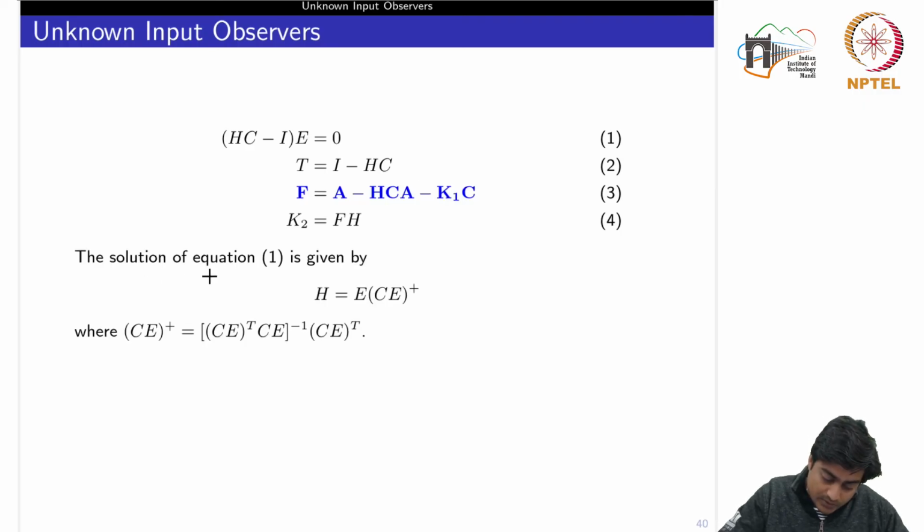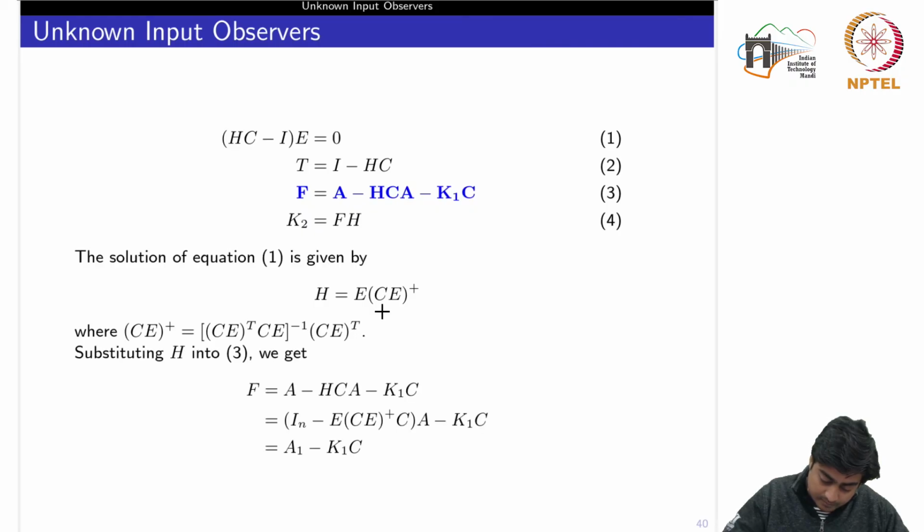So let's see. The solution of equation 1 is given by H equals E times CE plus, where CE plus was defined as this. Now if we substitute this H into the third equation, A minus HCA minus K1C would become this one, where I have taken A as a post multiplying factor from the first two parts of this equation, that is In minus E CE plus times C, and A minus K1C.